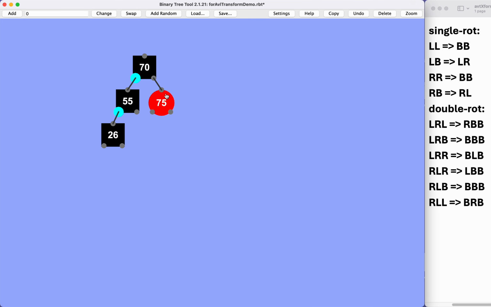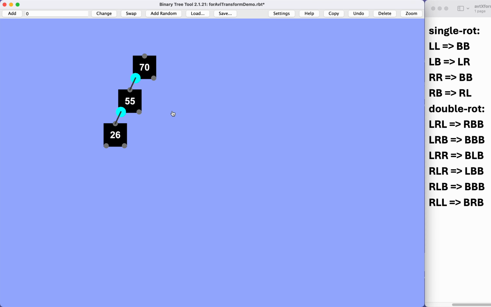The node I'm deleting is indicated here in red. So far, this is a valid AVL tree. This is 1 higher than this, but that's fine. It's marked that way. But now, let's delete the 75.